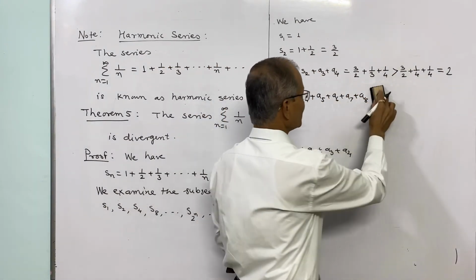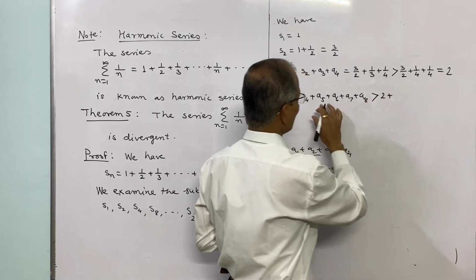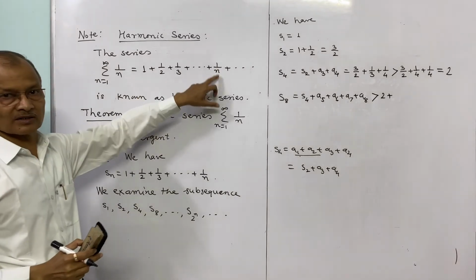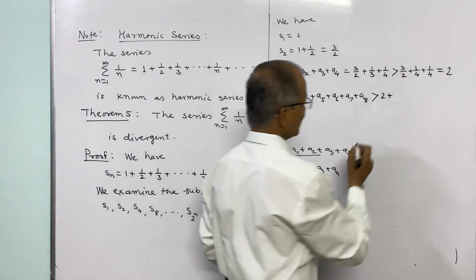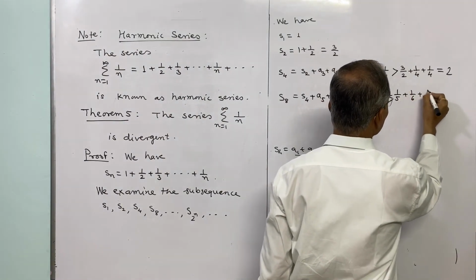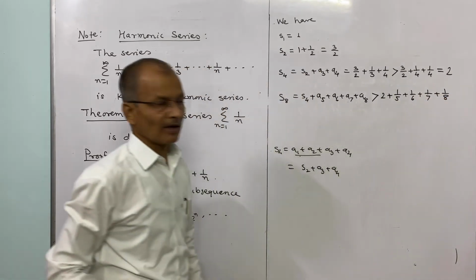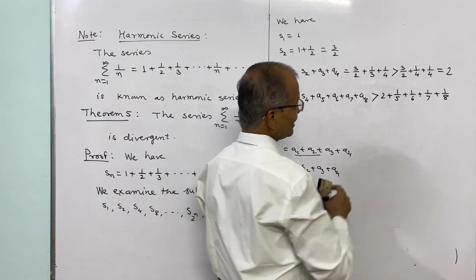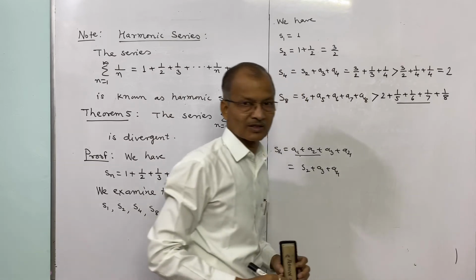So I shall write this is greater than 2 plus A5, and A5 from 1/n will be 1/5, plus 1/6 plus 1/7 plus 1/8 up to A8. And now we replace these three terms by the last term, that is 1/8.